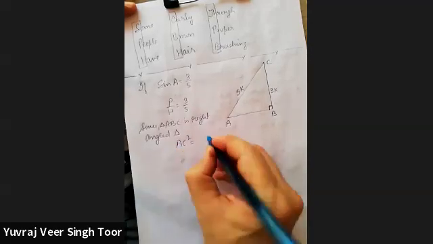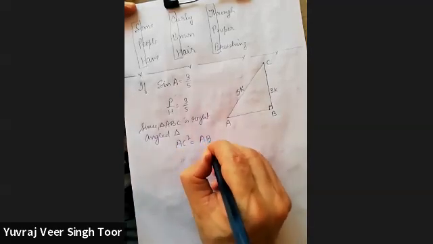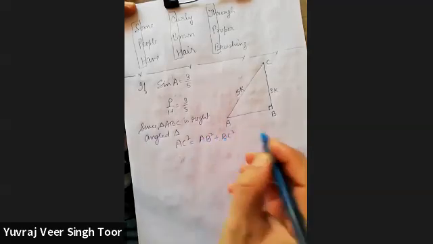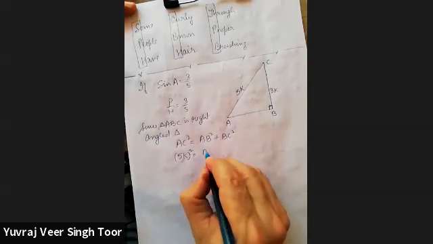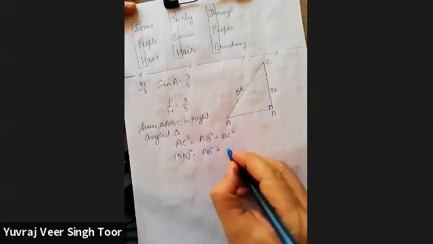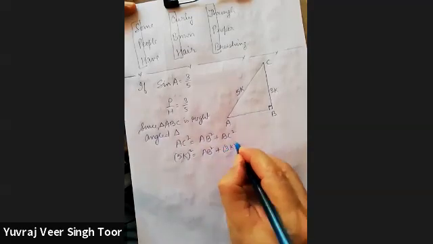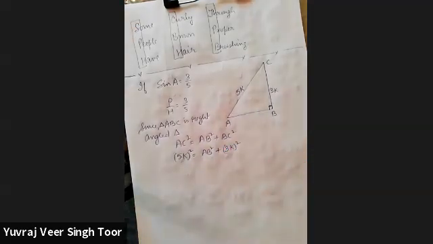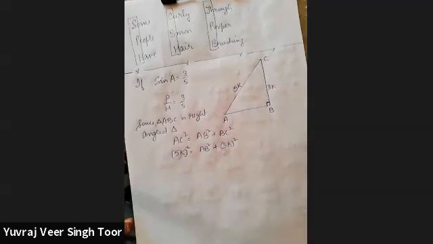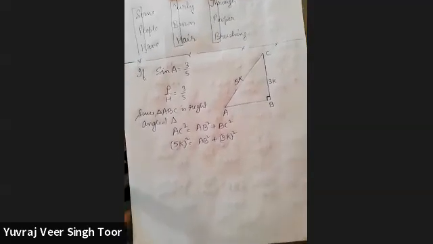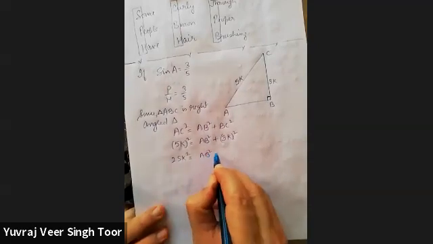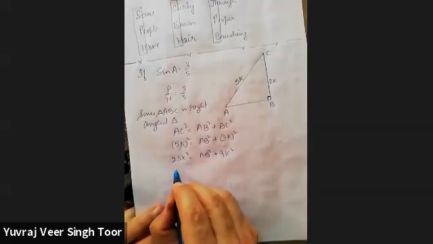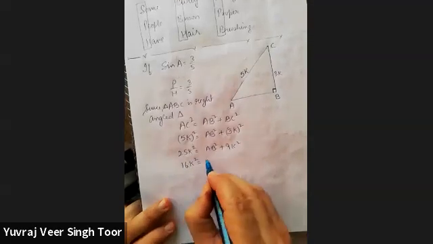AC square is equal to AB square plus BC square. 5K square equals AB square plus 3K square. 25K square minus 9K square gives 16K square, which is AB square.